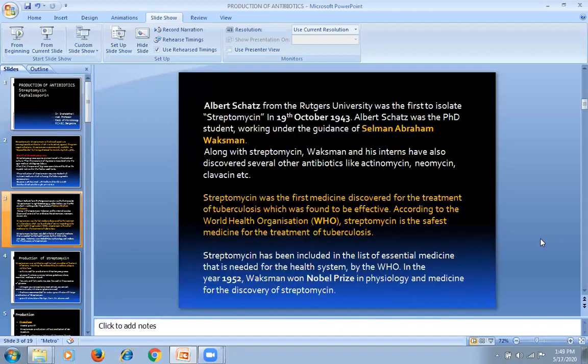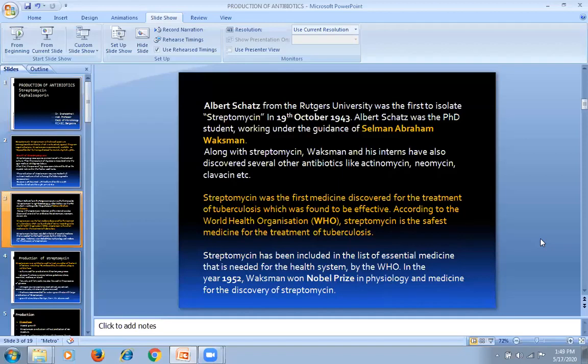Albert Schatz from Rutgers University was the first to isolate streptomycin on 19th October 1943. They have specified the date also, to that extent they are sure. He was a PhD student working under the guidance of the great microbiologist Selman Abraham Waksman.